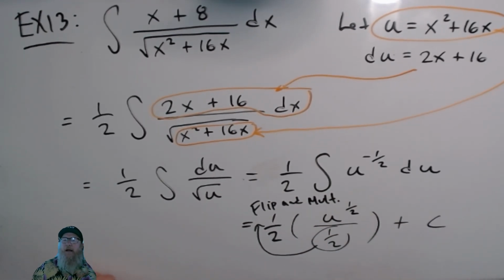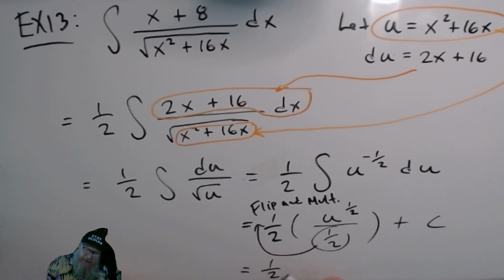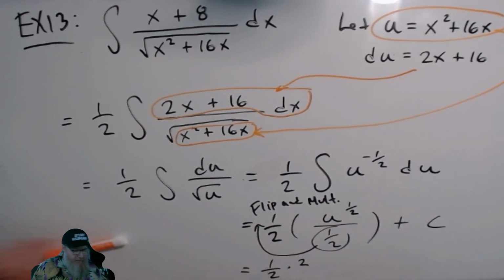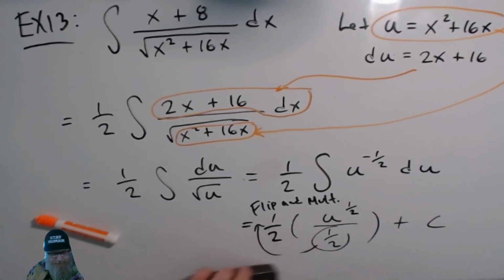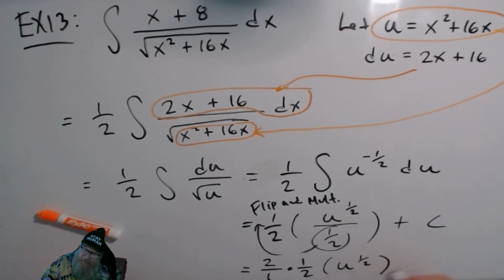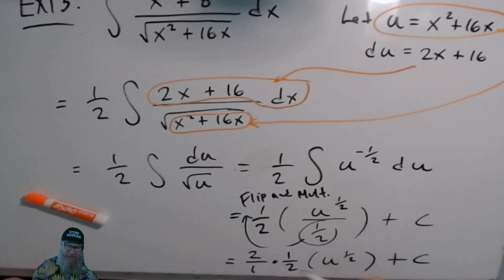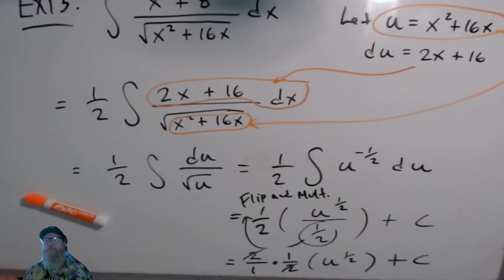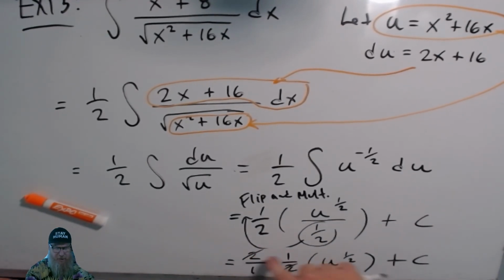That's 1/2 times 2 over 1, and then u to the 1/2 plus c. These 2's are going to cancel. Or you can say it's 2 times 1, 2 times 1, and so that's 1.